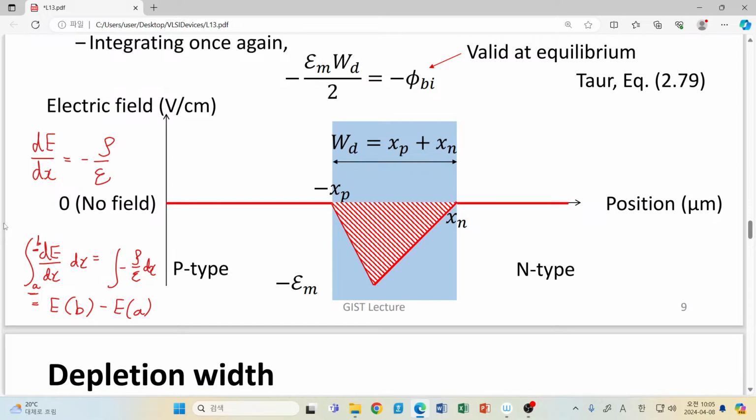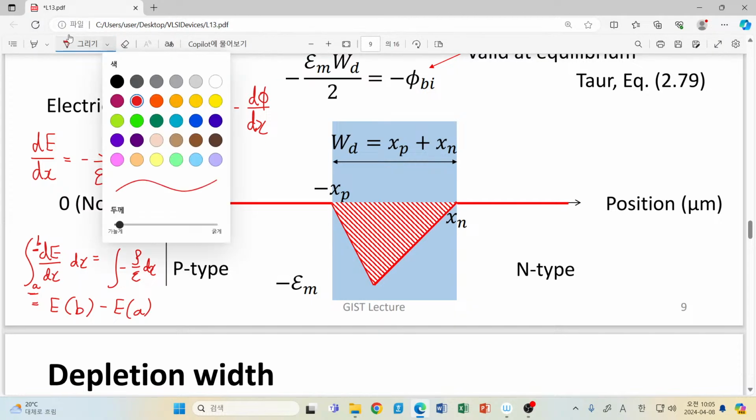However, since this is the electric field, and the electric field is nothing but the first derivative of our electrostatic potential, by integrating it once again, what will happen? Then we will get the potential difference between these two points.